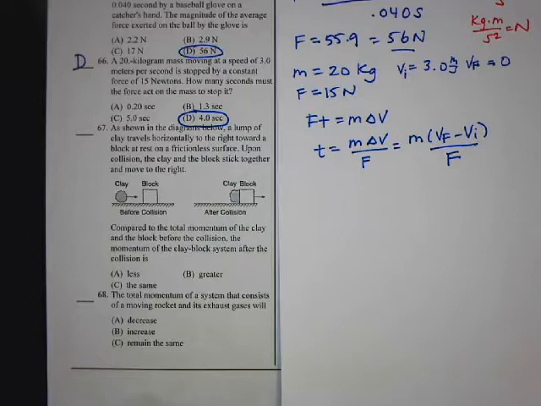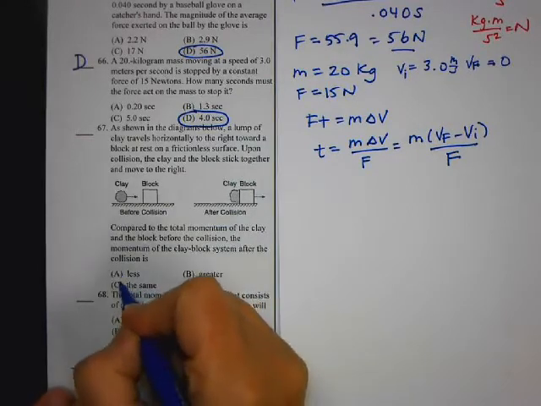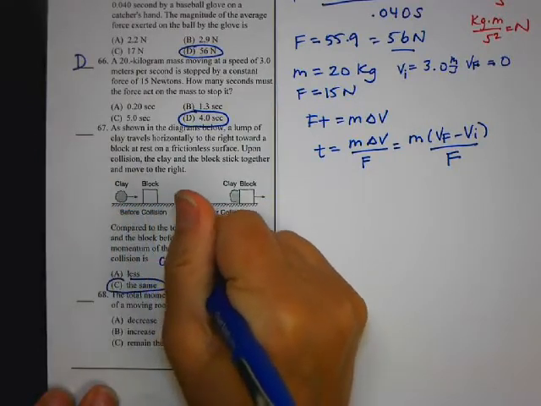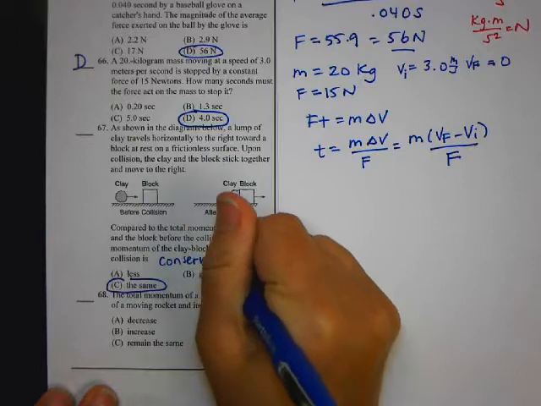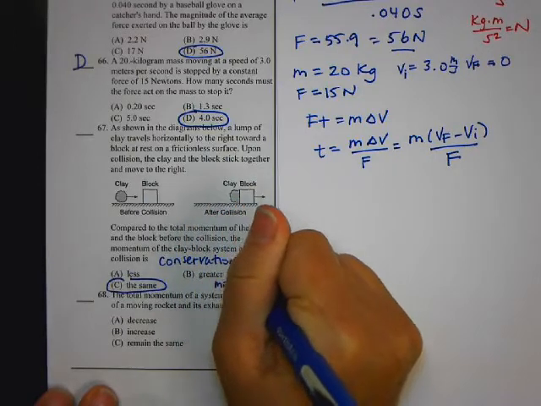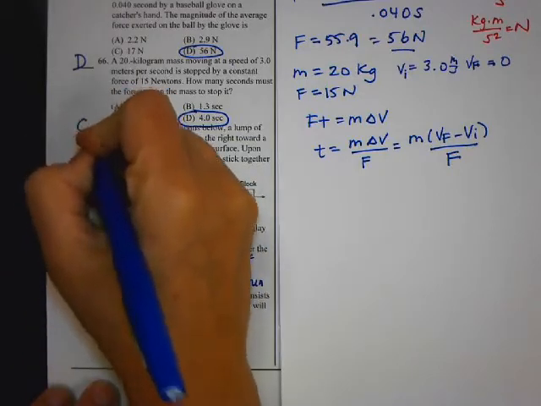Compared to the total momentum of the clay and the block before collision, the momentum of the clay-block system after collision is the same, because we have conservation of momentum. So that's going to be choice C.